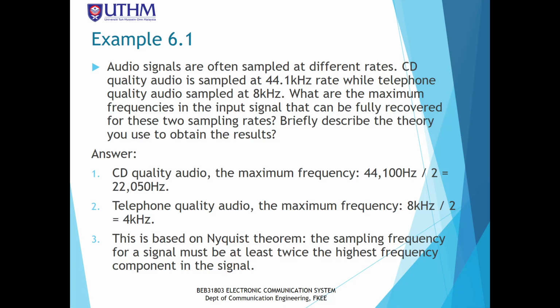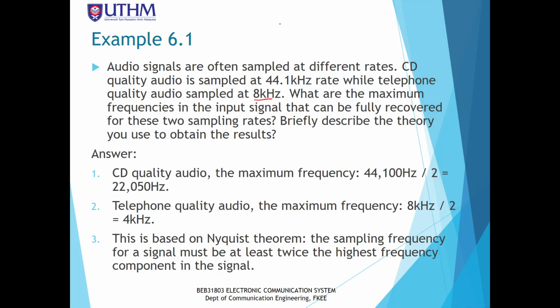CD audio quality is sampled at 44.1 kilohertz, while telephone quality audio is sampled at 8 kilohertz. What are the maximum frequencies in the input signal that can be fully recovered for these two sampling rates? Briefly describe the theory you used to obtain the results.